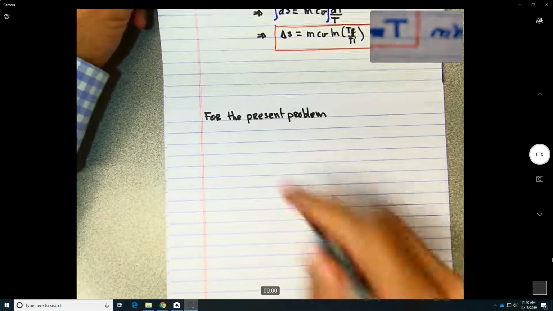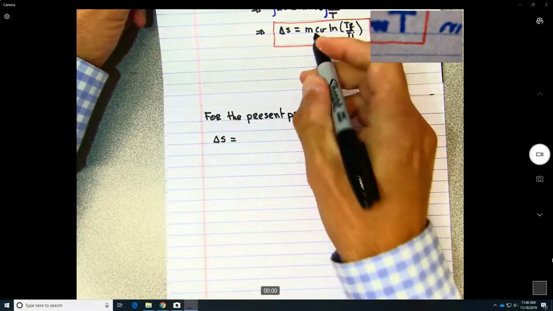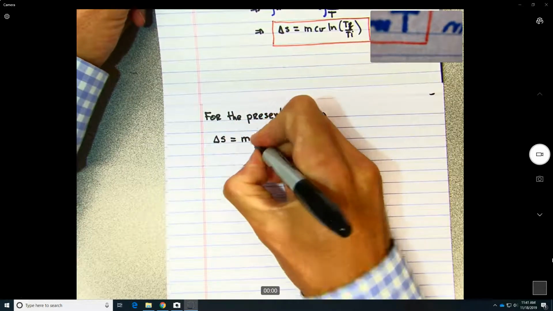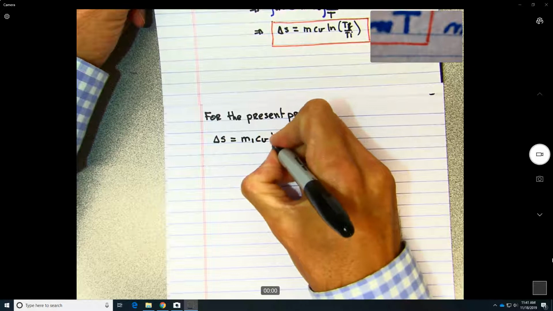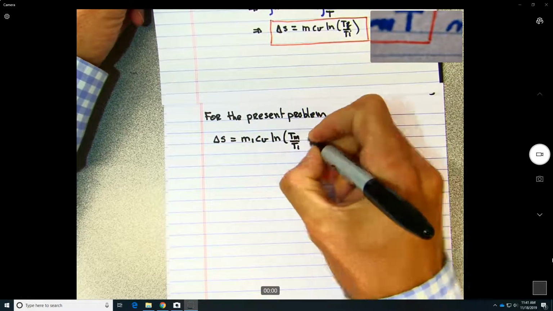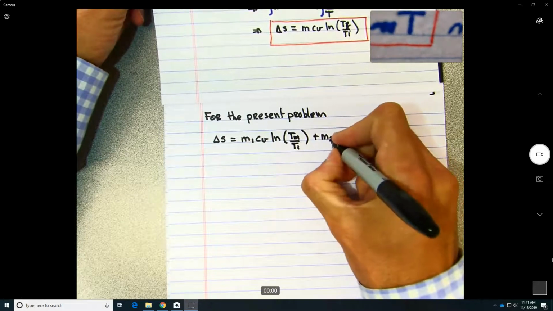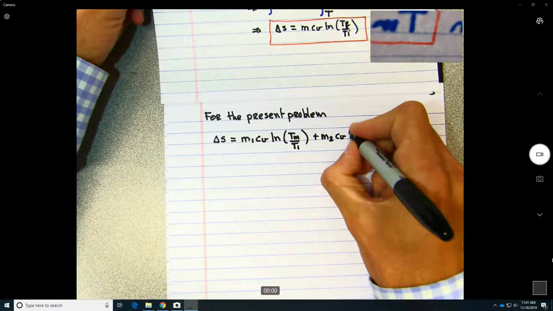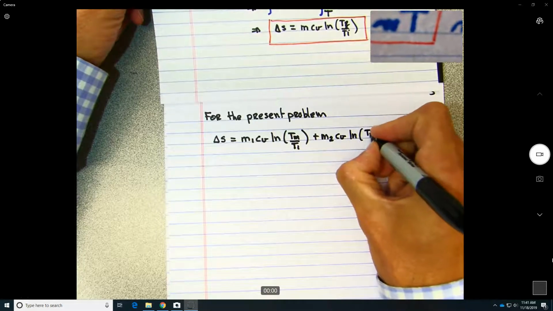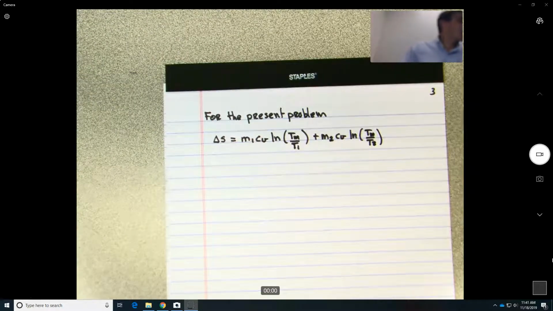This equation will become what? The change of entropy will be equal to the change of entropy of the hot water, m1 Cv log T mixture over T1, plus m2 Cv log T mixture over T2. So basically, what does that mean?